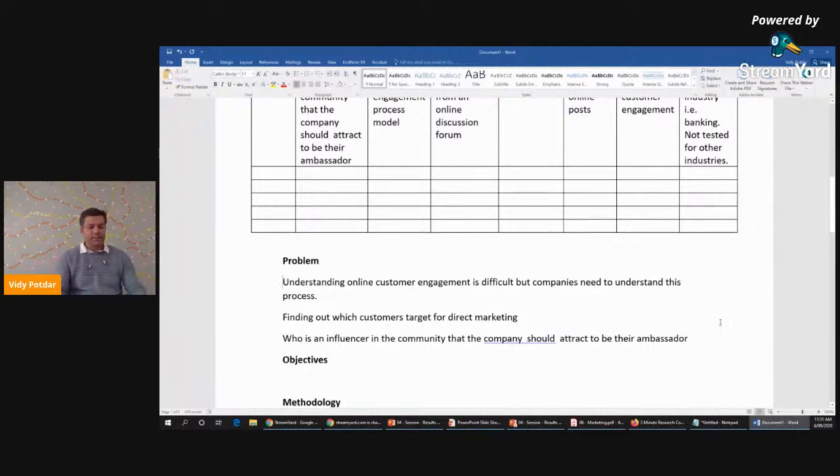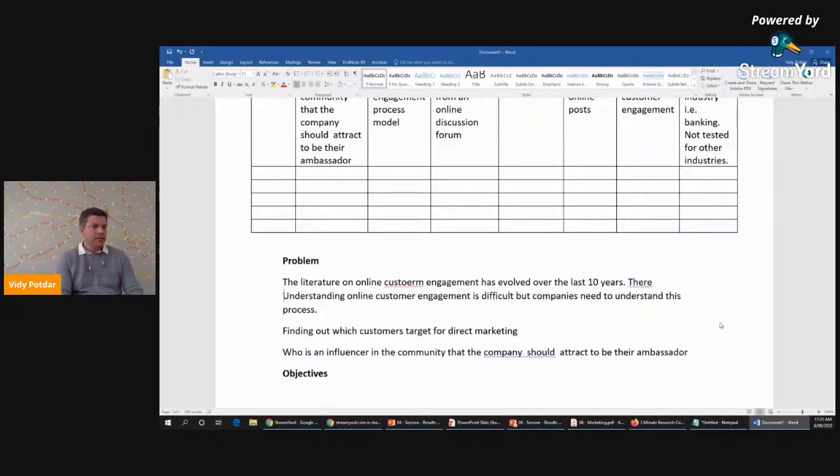So I would say the literature on online customer engagement has evolved over the last 10 years. There are a number of problems being addressed by researchers in this field.